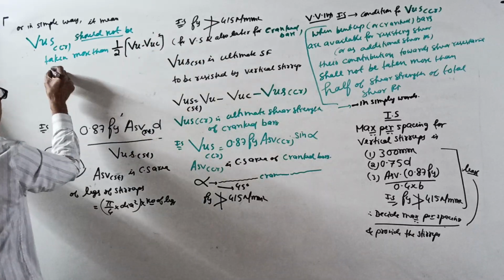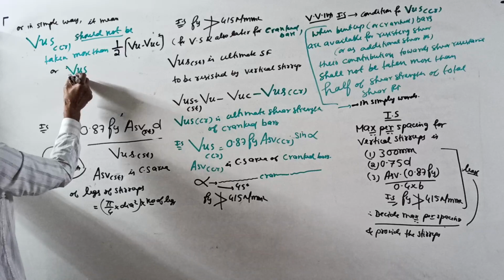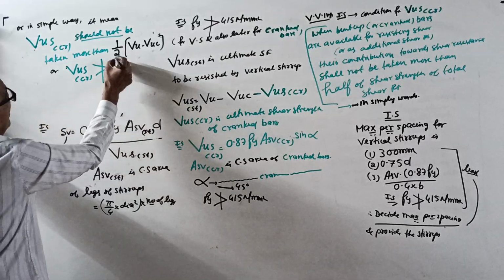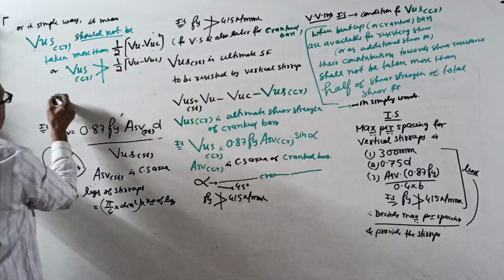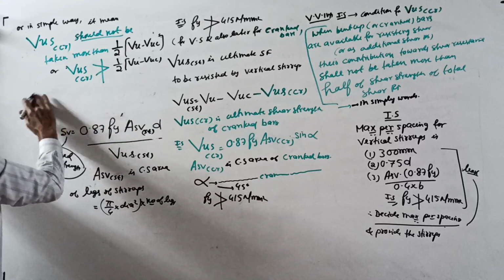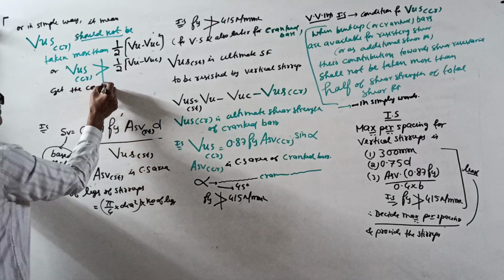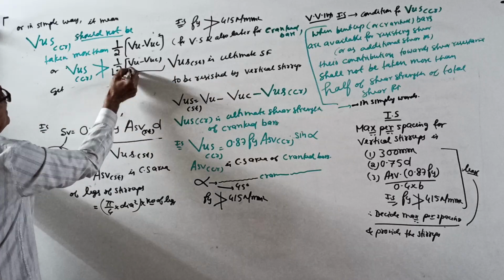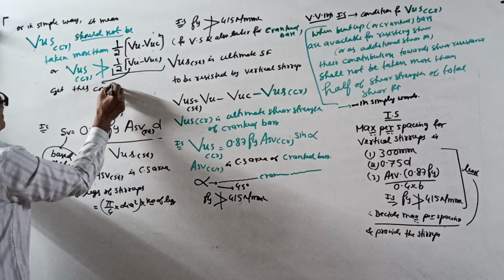Or in mathematical form, VUSCR is not to be taken more than half of Vu minus Vuc. Therefore, get this conditional value.